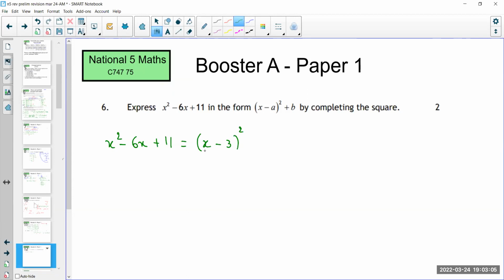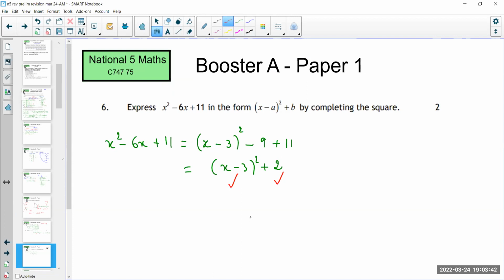But when we do this, we get x squared minus 3x, which is minus 6x, and then we get the plus 9 because -3 times -3 gives a plus 9 here, but we don't want the plus 9, so we need to take it away. So you need to do -9 and then you add the plus 11, and that would just mean x minus 3 squared plus 2, and that would be 1 mark for this, 1 mark for this.